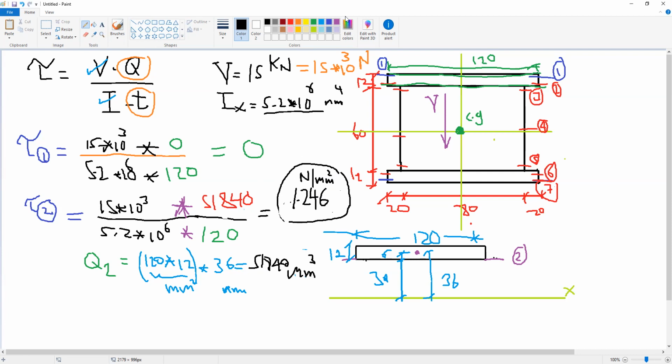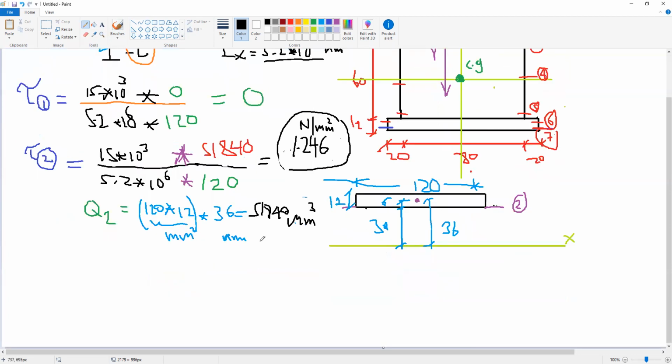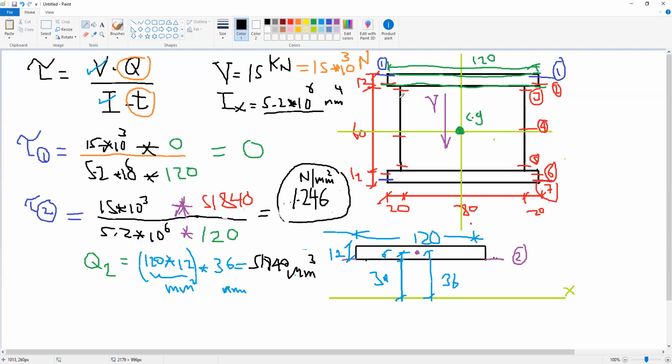Sorry for this error. So now we have found the stress at section 1 and section 2.